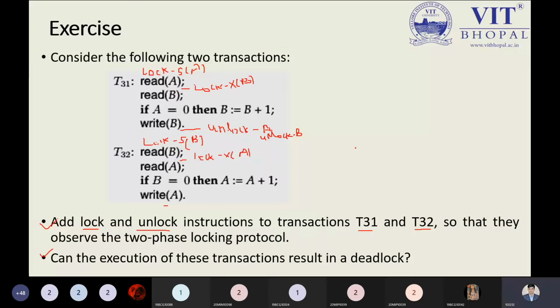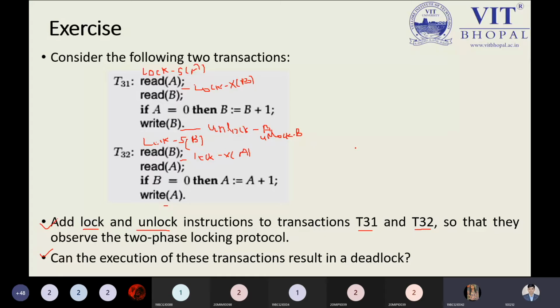Just tell me right now. This is the point where I have to raise: can the execution of these transactions result in a deadlock? Is it happening? No, sir. How can you say it is not a deadlock?